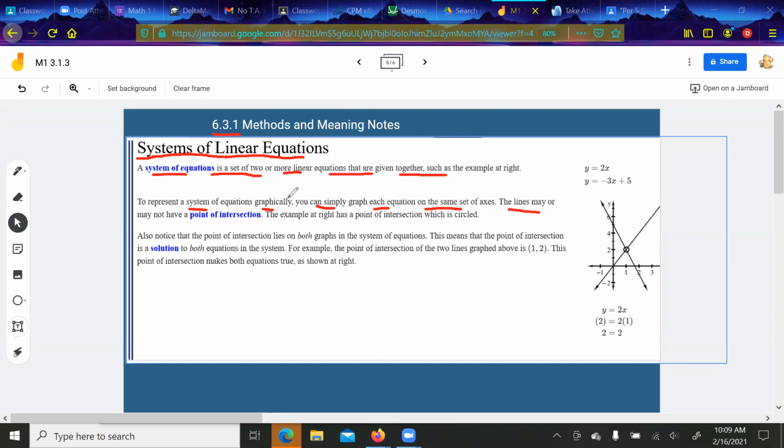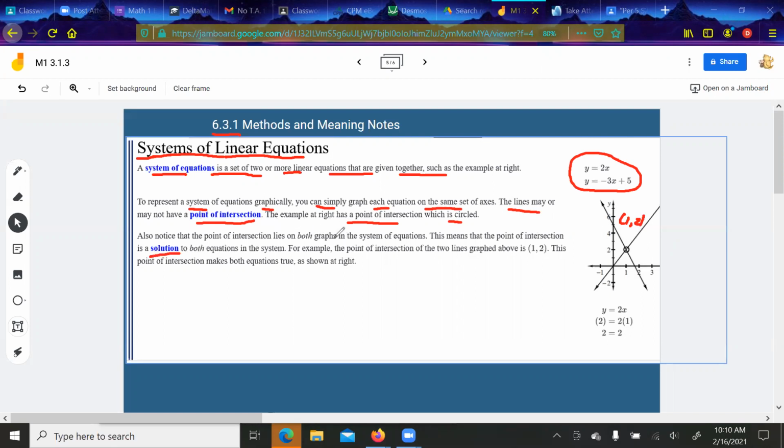The lines may or may not have a point of intersection. The example at the right has a point of intersection, which is circled. So where these 2 lines intersect is at the point 1, 2, right? So that is the point of intersection of this system of equations. The point of intersection is considered the solution, right?